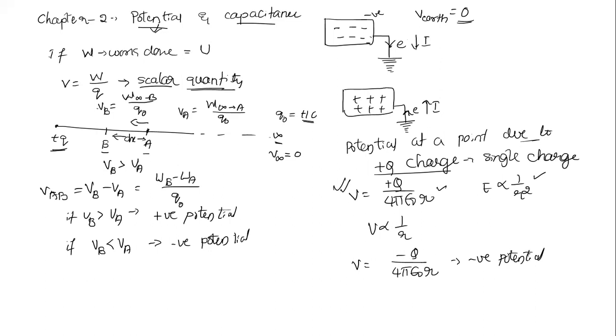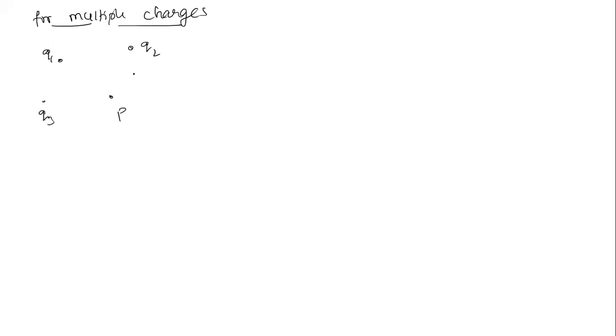Sir, what if it is more than one charge? Let us see that case of more than one. So for multiple charges, let us say one charge is Q1, one charge is Q2, one charge is Q3, and so on. I want to find out the potential at this point P. Let this distance be R1, this distance R2, this distance R3.